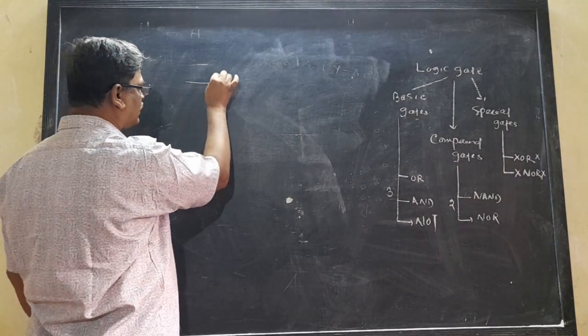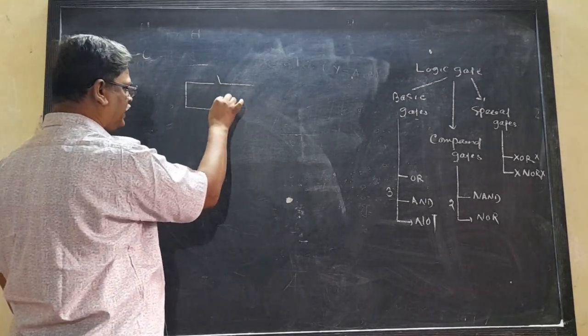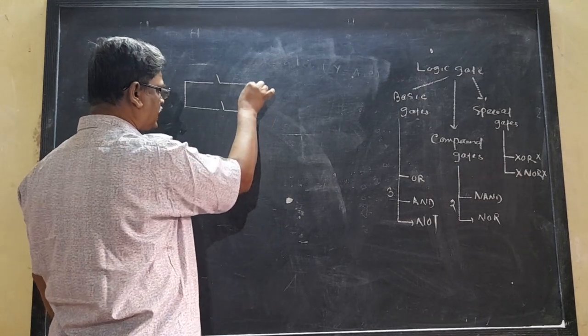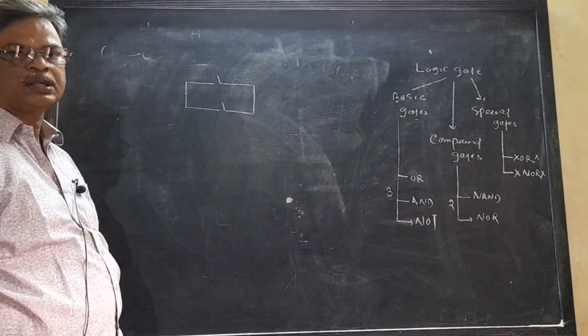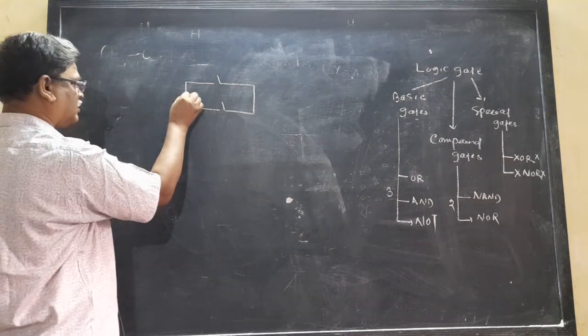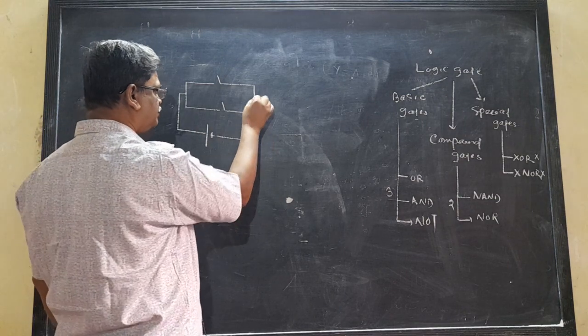Again I will tell you, this is the equivalent electric circuit, that is, an electric circuit having the same operation as that of the OR gate. Suppose these are connected with a source.